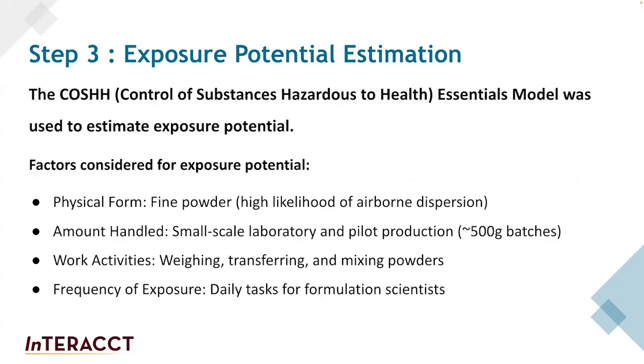Second, the amount handled involves small-scale laboratory and pilot production batches of about 500 grams. Third, the work activities include weighing, transferring, and mixing powders, all of which can increase exposure risk. Finally, the frequency of exposure is high as these are daily tasks for formulation scientists.